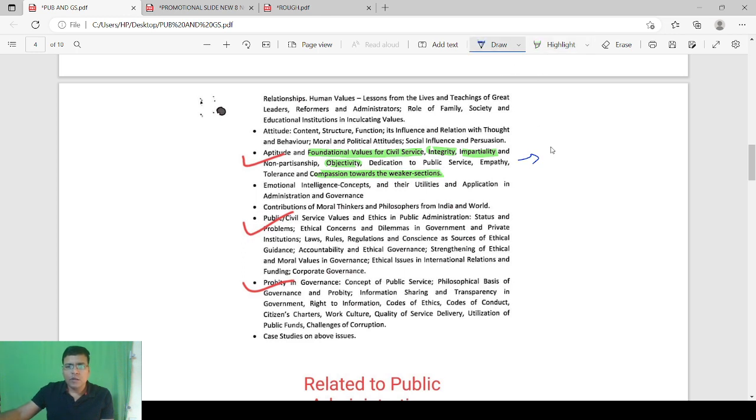This you find in paper 1, unit 9, and paper 2, unit 10 and unit 6. Personnel administration, major issues in Indian administration and civil service. Values and ethics in public administration: paper 1, unit 9, ethics; paper 2, unit 10, ethical governance, moral values in governance.